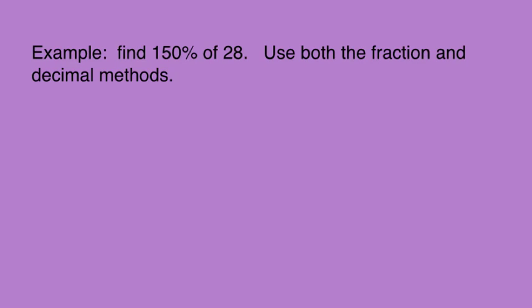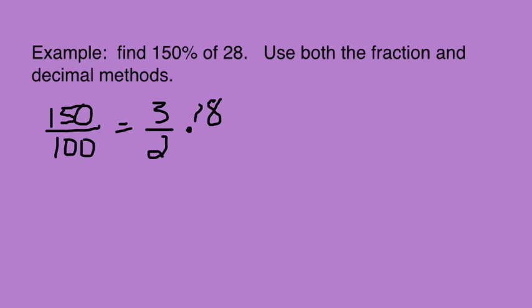Okay, so now let's use both methods to find 150% of 28. I know 150% is more than 100%, so my answer is going to be over 28. So I'm going to remember from just working that 150 over 100 reduces to 3 halves. And then I'm going to take 3 halves times 28 over 1. I have a cross cancel of 1 and 14. 2 goes into 28 14 times.